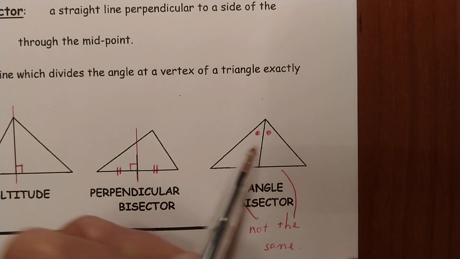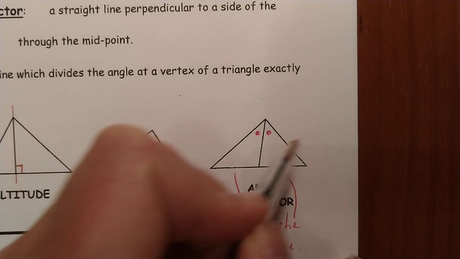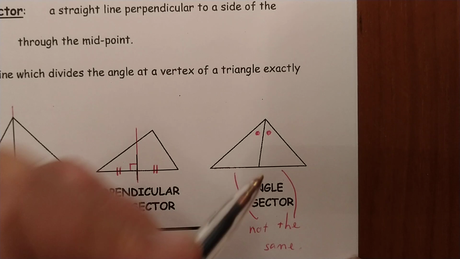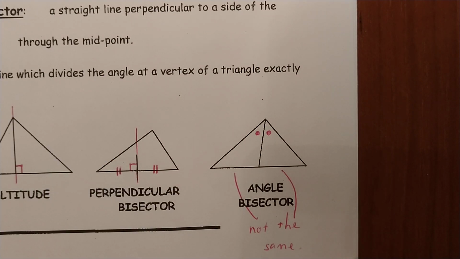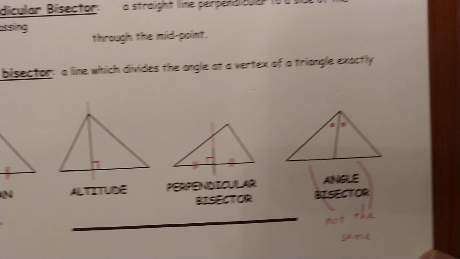Angle bisectors, again, you can have three of them, one coming out from each vertex. Again, they will all be concurrent, meeting at the same point, but they are not so crucial, and in fact, we don't need to know about them for the course, but it's for your general interest and information. So three ways then.